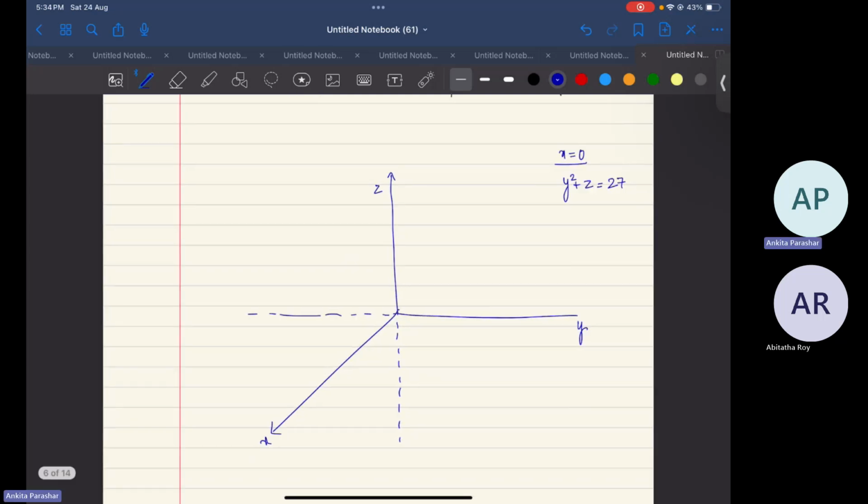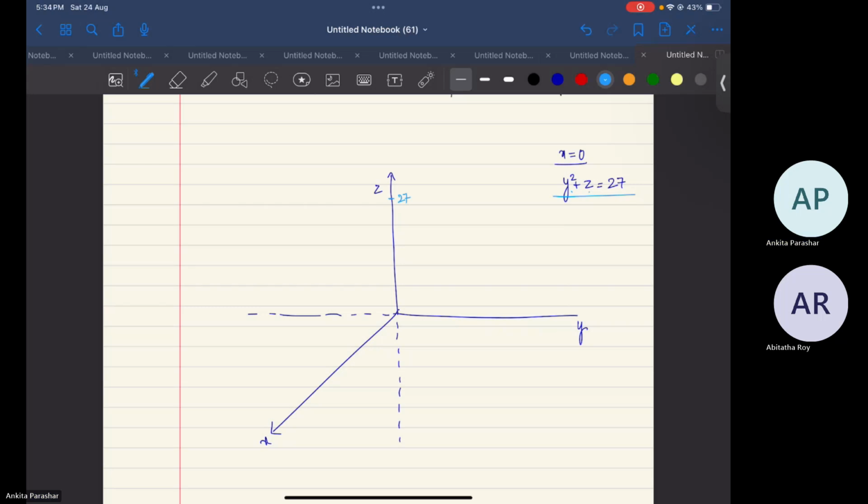If I put y to be 0, z has to be 27. So the intercept is at 27, and it has to open towards the negative side of the z-axis.